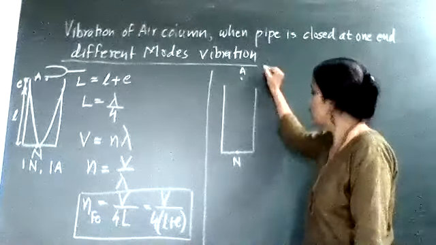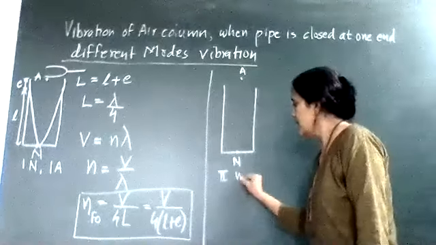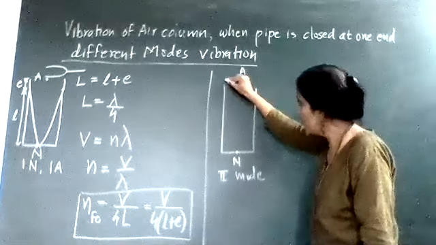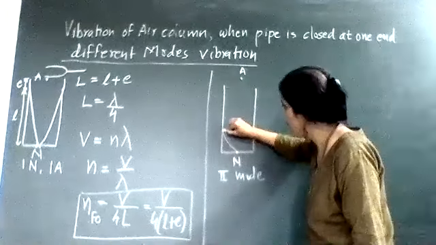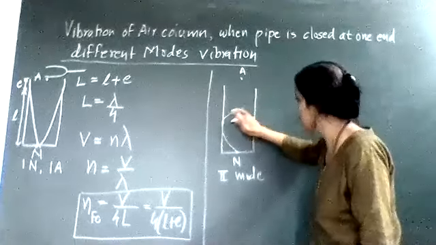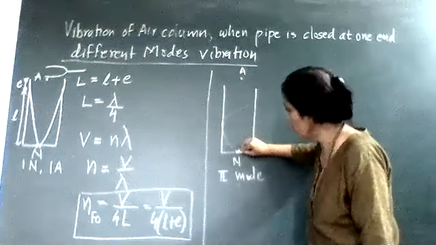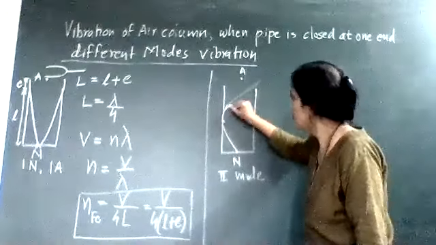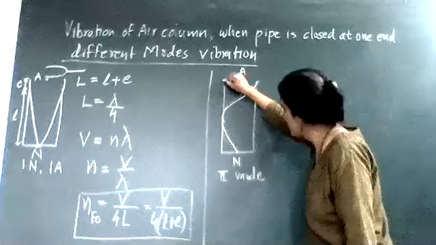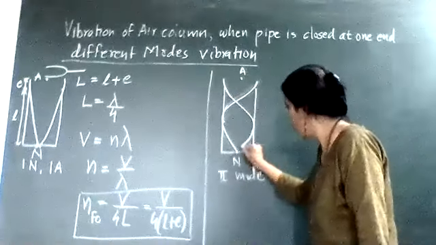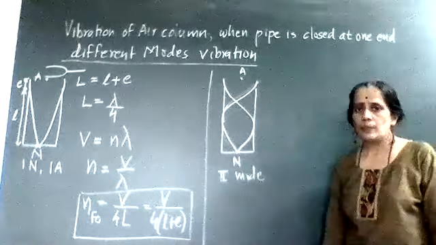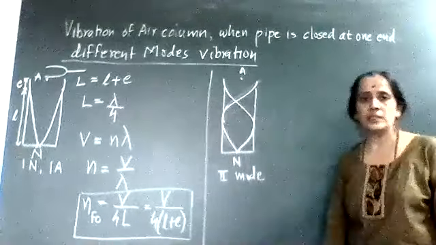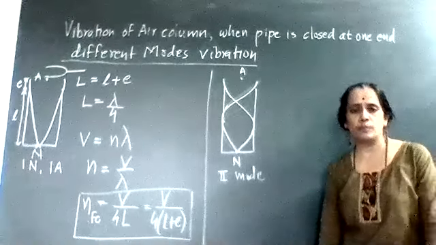So in the second mode of vibration, there will be the formation of a node, and at the open end, there will be the formation of an antinode. Means here one complete loop and the upper part is nothing but half of it, that is 1/4.